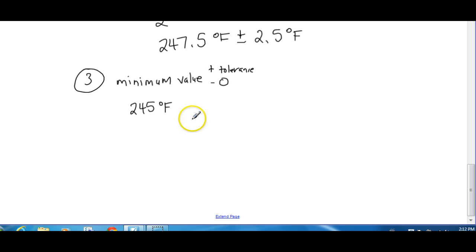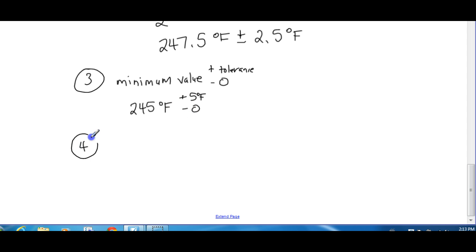Okay, so I can go 5 degrees higher, plus 5 degrees, but I can't go any lower. So writing it in this form, I write down my minimum value, plus 5 degrees takes me to 250. I can't go higher than 250, and I can't go lower than 245.